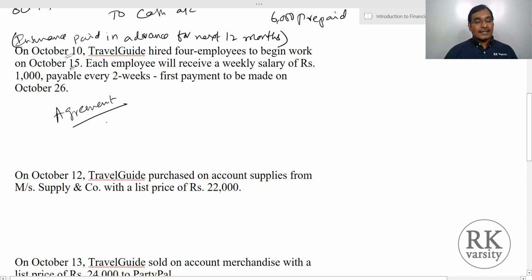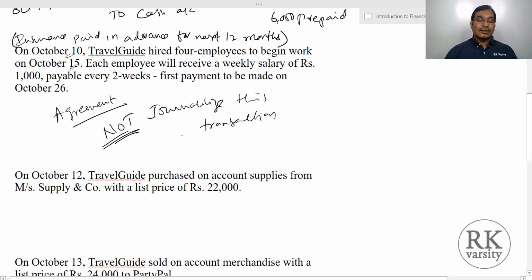As this is simply an agreement and it is not of a financial character, we will not journalize this transaction, because this transaction is of no financial character.